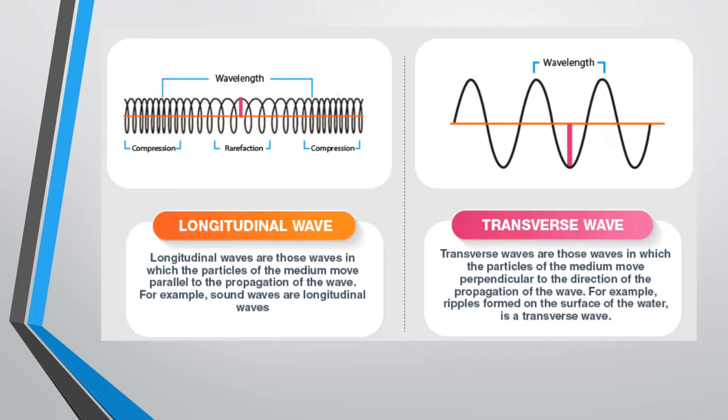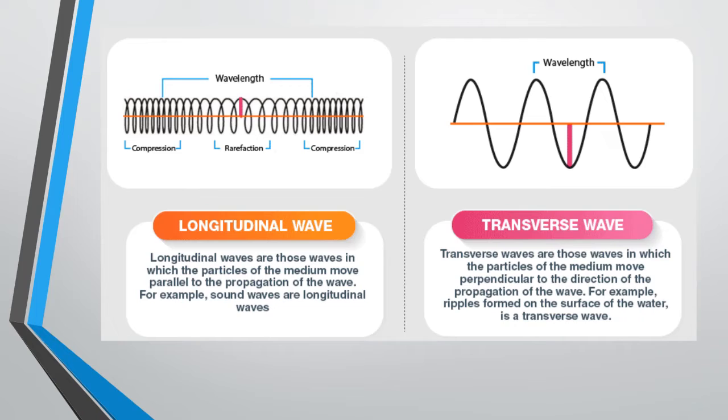Just the difference between the longitudinal wave and the transverse wave: longitudinal waves are those in which the particles of the medium move parallel to the propagation of the wave, and transverse waves are those in which the particles of the medium move perpendicular to the direction of the propagation of the wave.